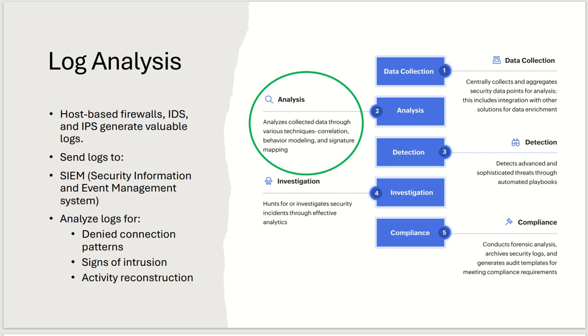Most of the tools that we've discussed thus far that are involved in security generate documentation about the activity on the network. This activity is written to files that we'll call logs or log files.